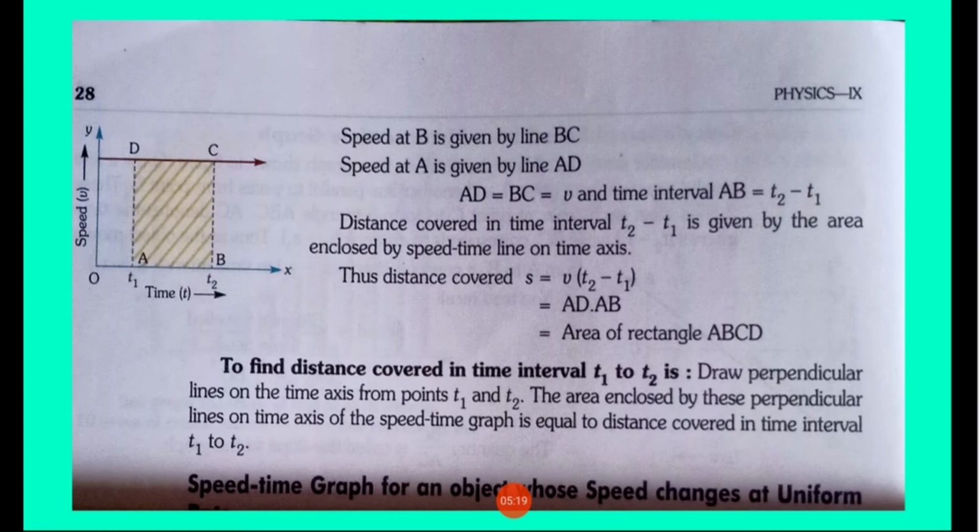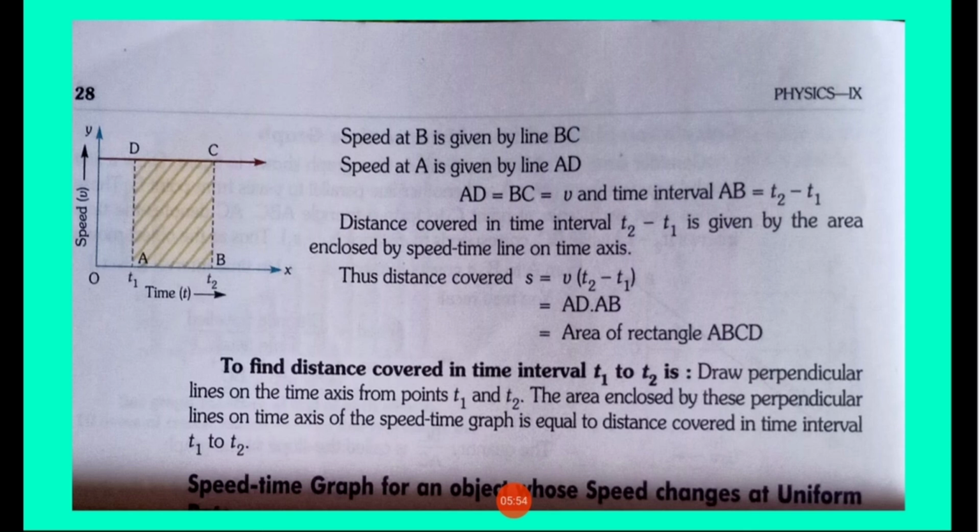Here once again it is explained to you. We have taken the same graph where the object travels with uniform speed. So speed at the point B is given by the line BC, and speed at the point A is given by the line AD. We know that by looking at the diagram, since it's a parallel line to the time axis, AD and BC, both the values are same, which is equal to V, which is the velocity of that object in motion.